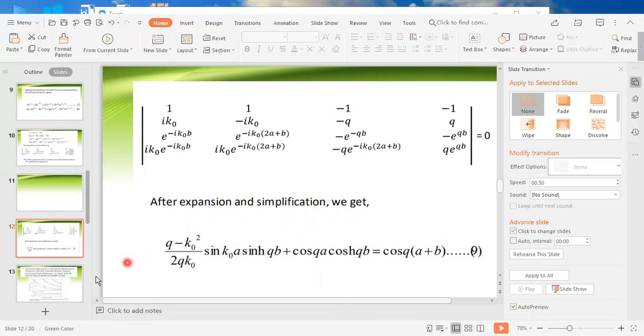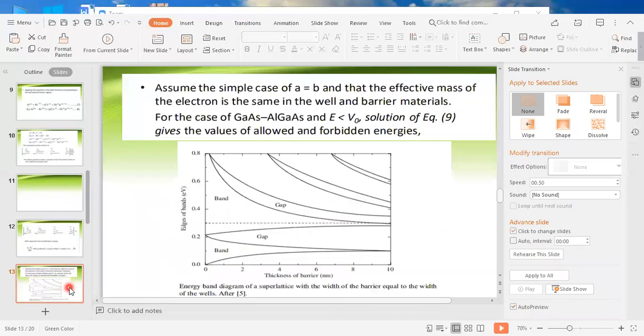Now suppose we assume a case where a equals b and the effective mass of the electron is the same in the well and also in the barrier. And for the particular case of material, which you are choosing as gallium arsenide and aluminum gallium arsenide, and when energy is less than the barrier height, E less than V naught, we can get a graph for the energy band diagram.